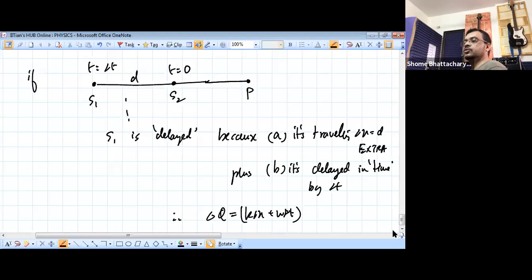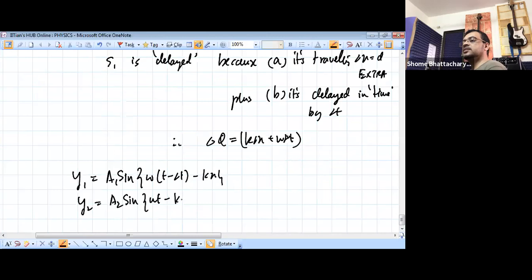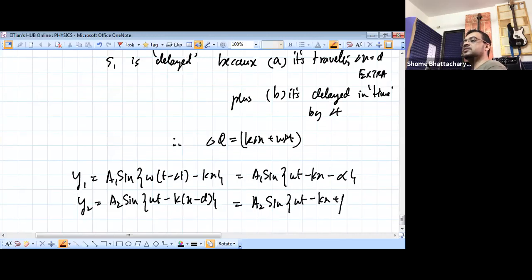Because here, if you wrote the wave equations, your y1 would have been E1 sine omega t minus kx minus some alpha, and your y2 would have been E2 sine omega t minus kx plus some beta.